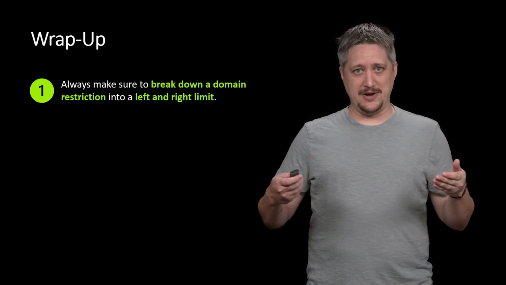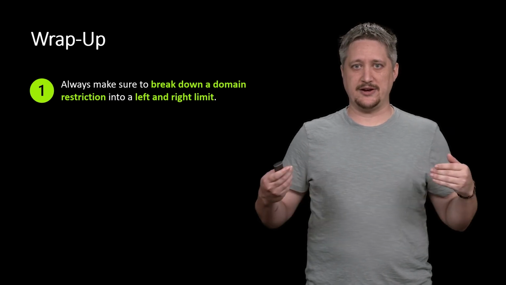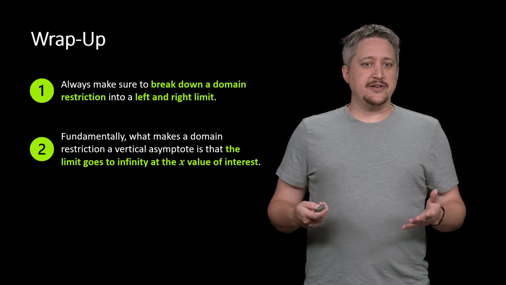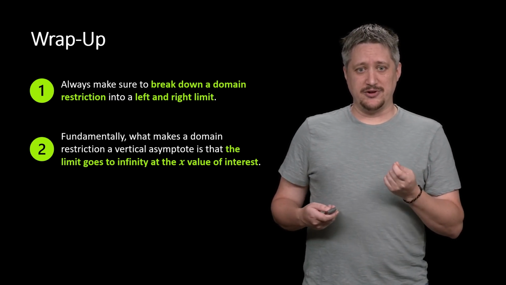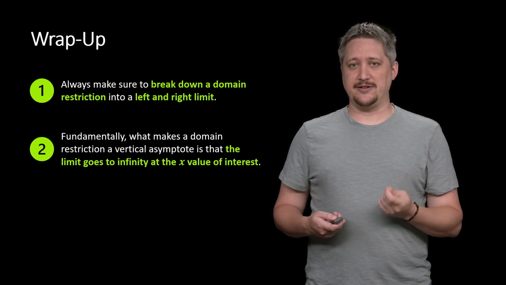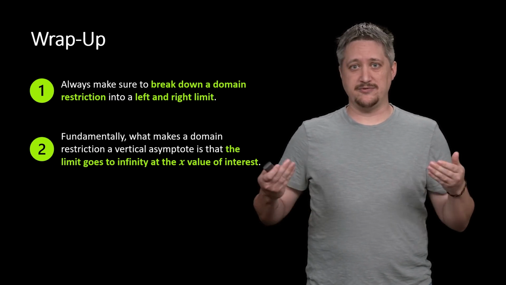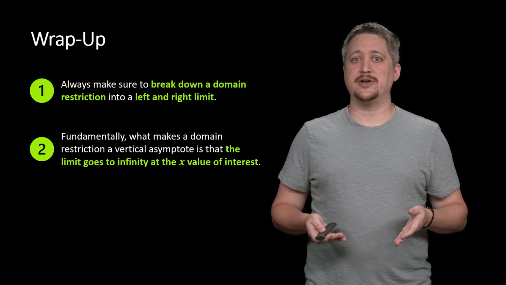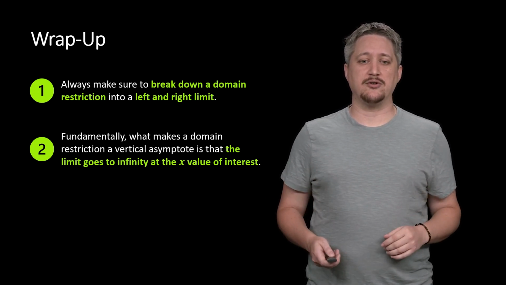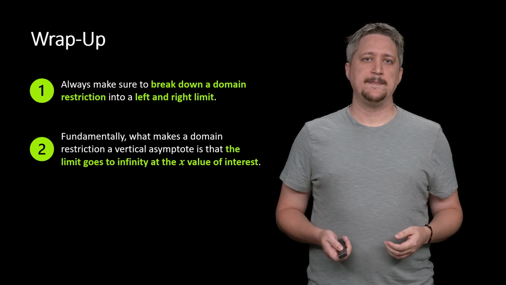Because even for the very same piece, it may go to positive or negative infinity. Fundamentally, what makes that restriction a vertical asymptote is that the limit is going to something infinitely large, positive or negative. Maybe both go positive, maybe both go negative, or they go to different places, but they're going to something infinitely large on at least one of those sides.